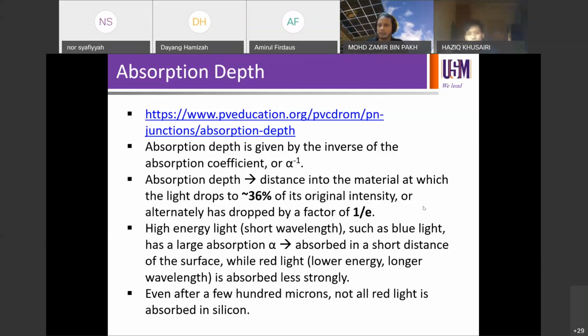We're going to see later on in the animation how this works. So even after a few hundred microns, not all the light is absorbed in silicon. This is determined by the magnitude of your absorption coefficient that we learned in our previous page.